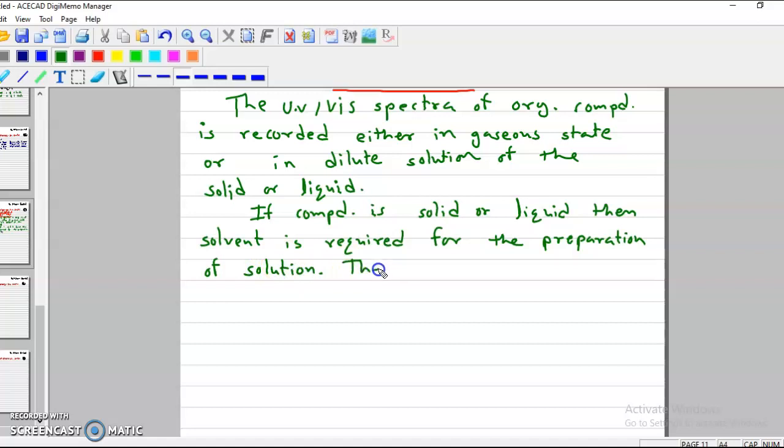The proper selection of solvent is one of the important factors, a very important factor.